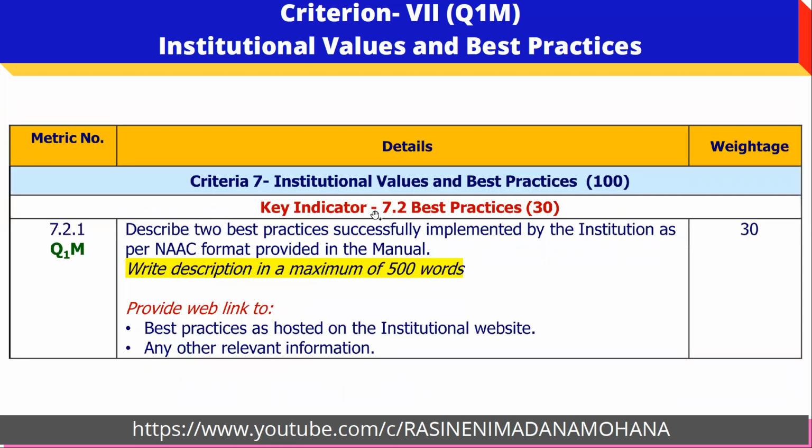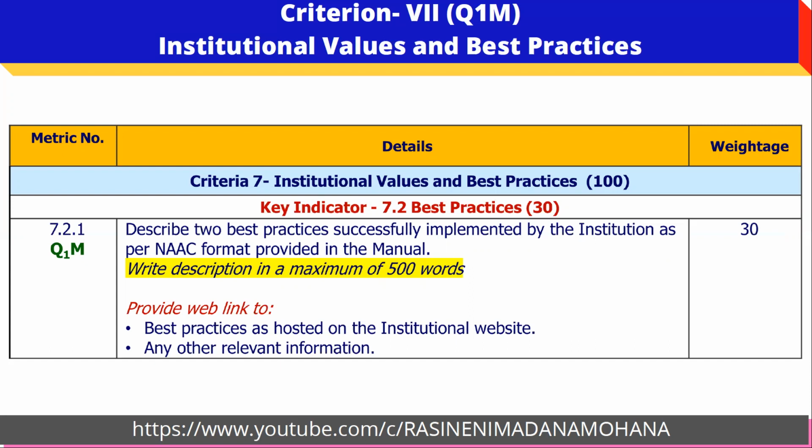The next qualitative metric comes under the key indicator 7.2, best practices. 30 is the weightage, which consists of only one metric, that is 7.2.1, which carries 30 weightage. The metric is describe two best practices successfully implemented by the institution as per the NAAC format provided in the manual. So here NAAC provided one format of best practices.